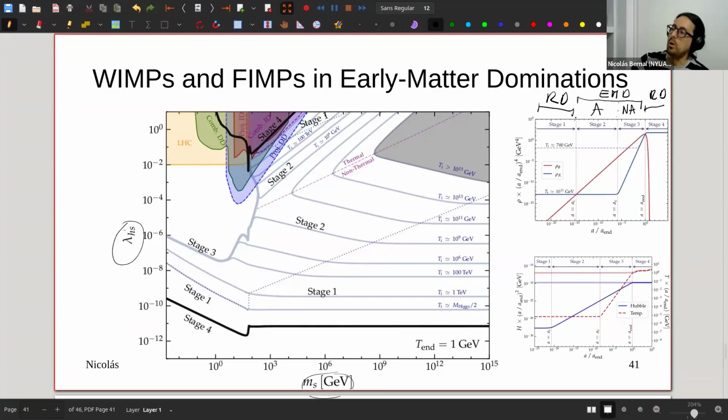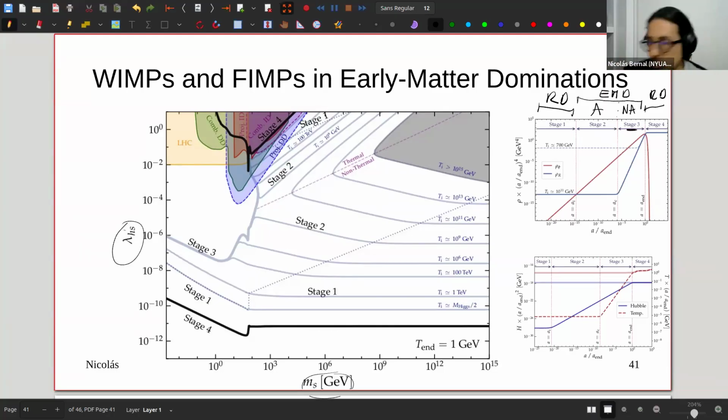In stage 2, the matter is dominating, but it's not effectively decaying into radiation, so the temperature always scales like 1 over the scale factor. It's dominating, but it's not decaying. In stage 3, it's not adiabatic because it's really decaying. It starts to decay.